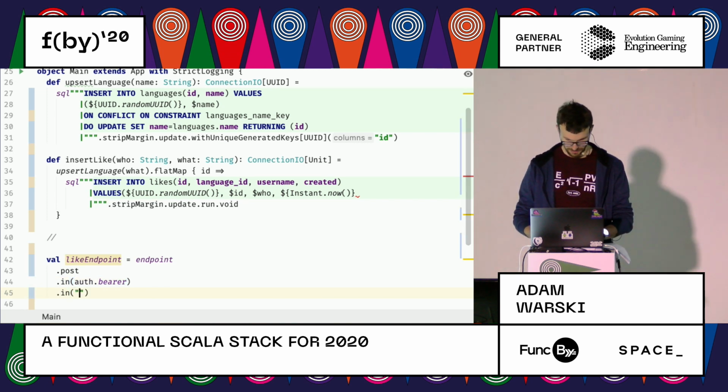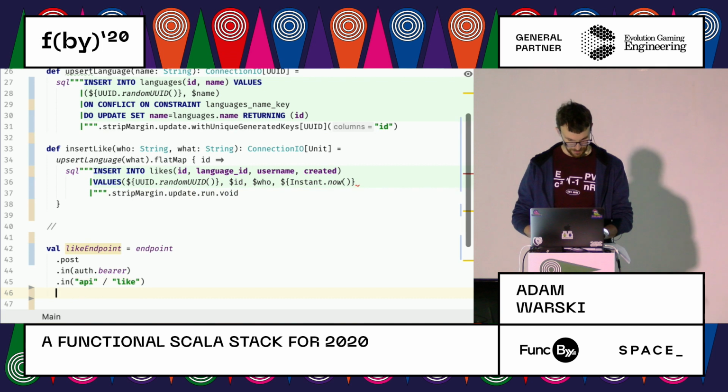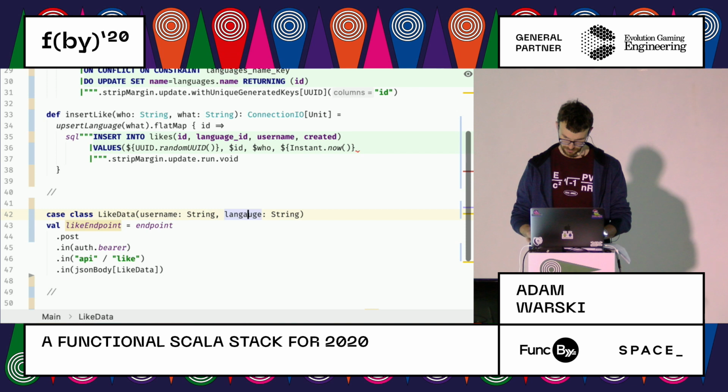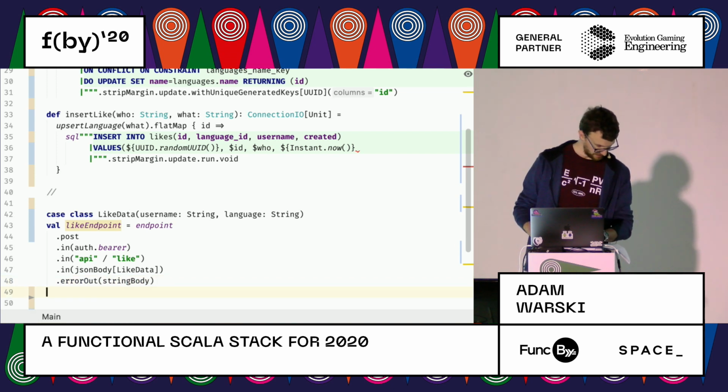The second input, we are specifying that our endpoint should be exposed on the API/like path, and we want to extract a JSON body which maps to like data, and like data will be a case class saying that a username likes a given language, right? And as the output, we say that if there's an error, like an invalid authorization token, on the output we want to use a string body, and yeah, that's it.